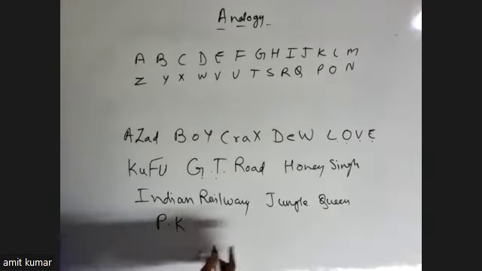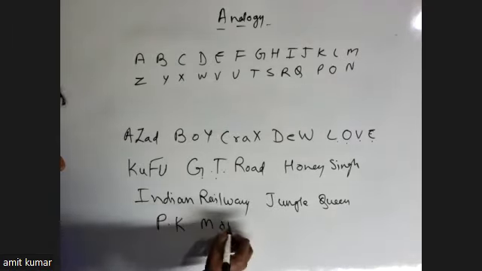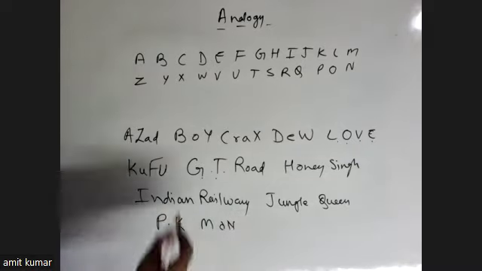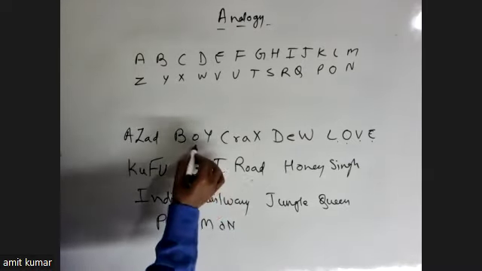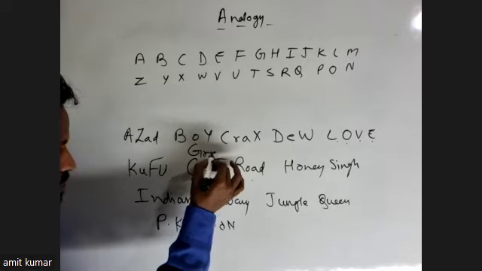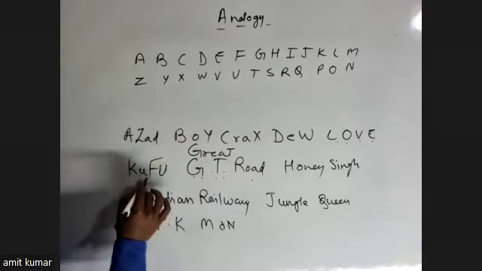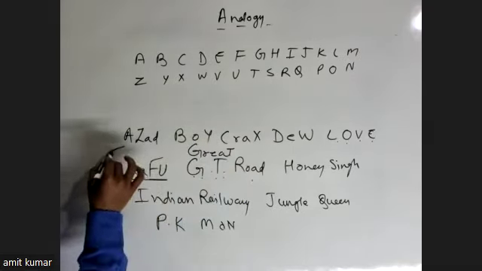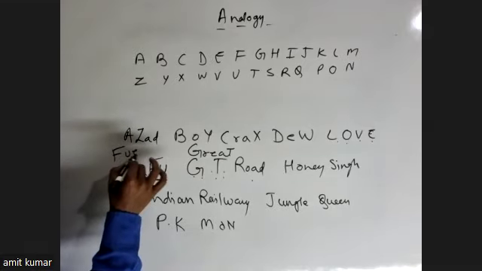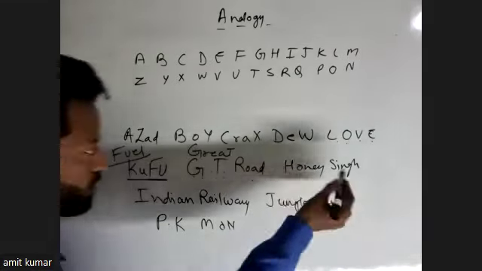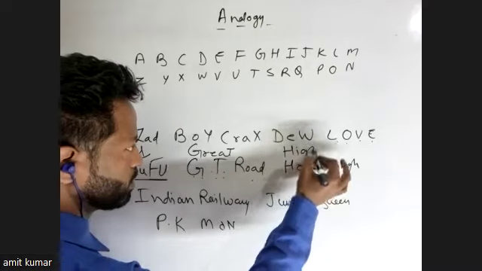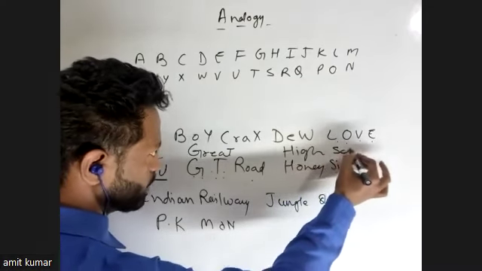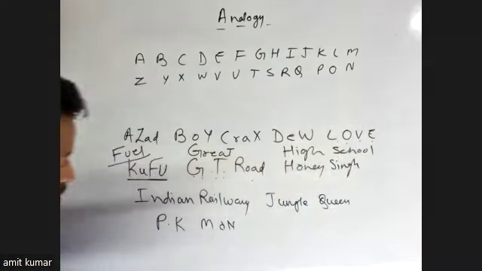Now, boy became man. You can change it according to yourself also. GT road could be great. Kung Fu could be fuel. And Honey Singh could be high school. And you can make your own story.